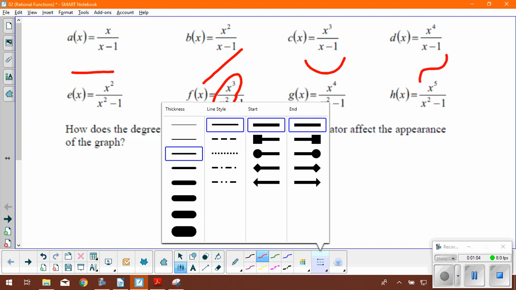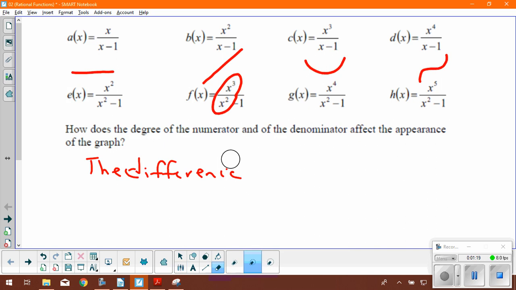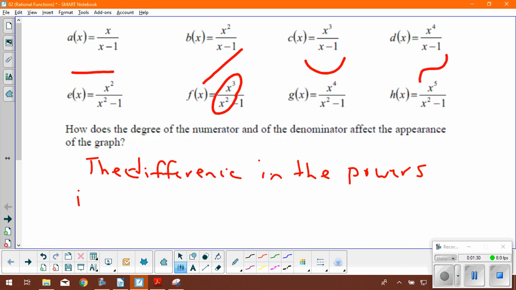Okay, so the difference in the powers is the shape.